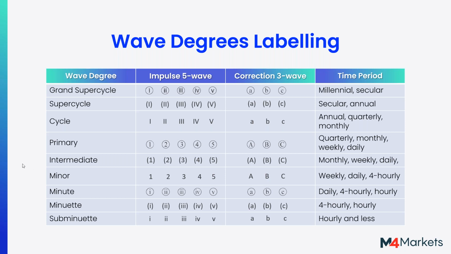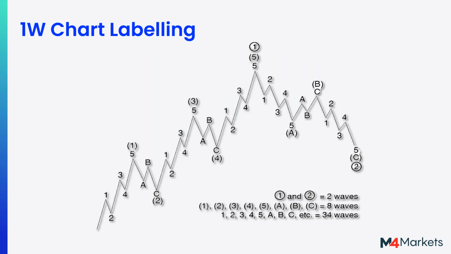Just to give you an example, it's not going to be that usual that you're going to use cycle, supercycle, or grand supercycle degrees, mainly primary, intermediate, and minor, and on a daily basis, playing with minute and minuette. Okay, so as you can see, daily, 4-hourly, hourly, and less. This is the actual time frame of the chart that you're looking at, and which degree is associated with each of these time periods based on how many waves are within them.